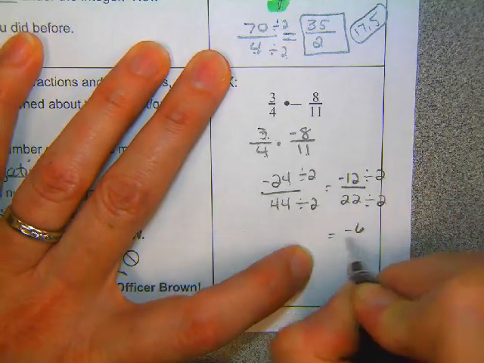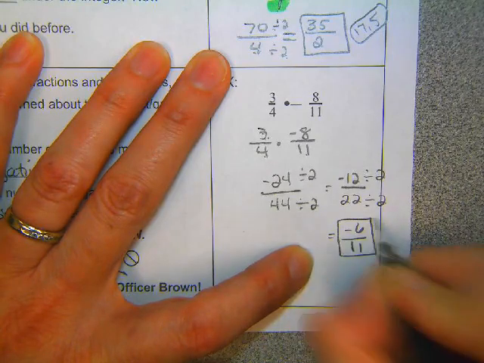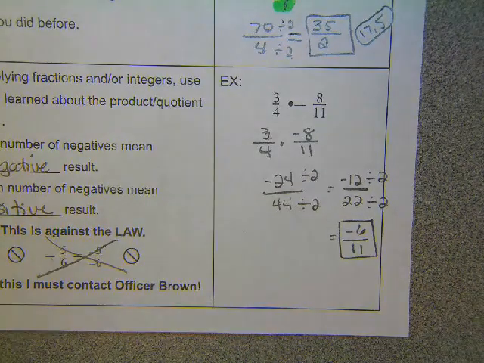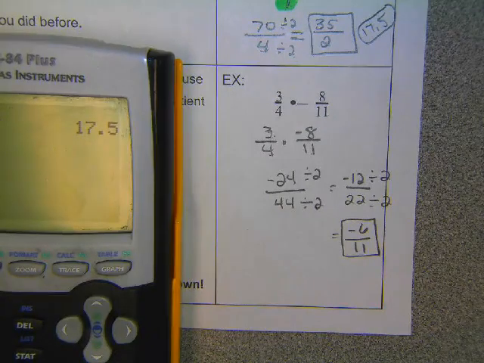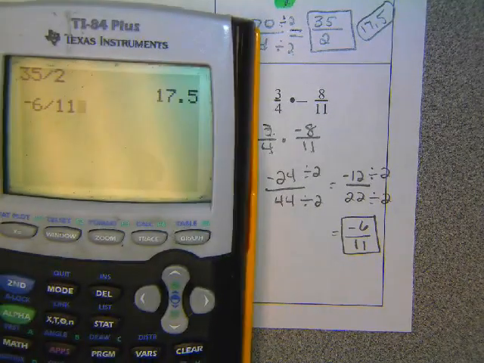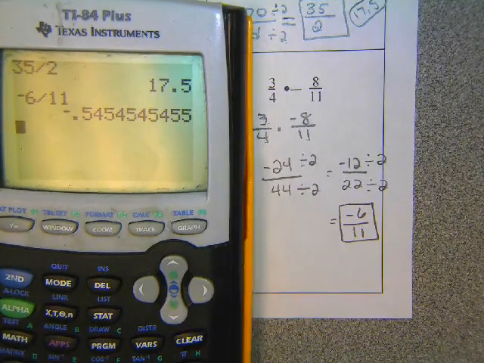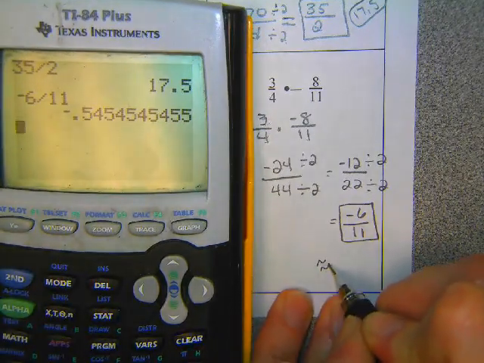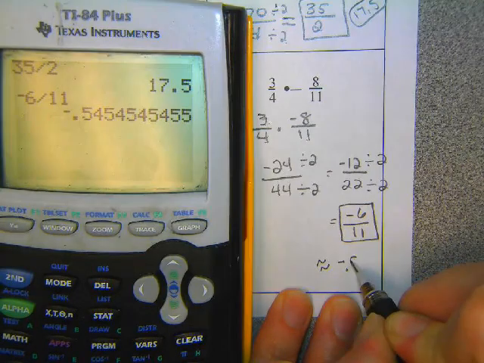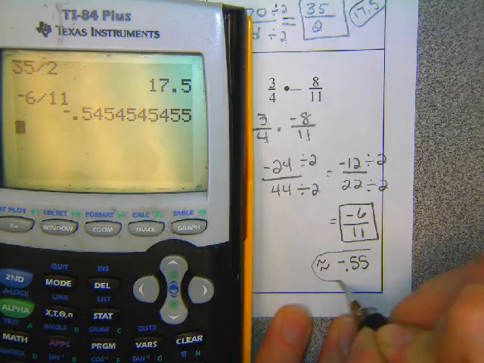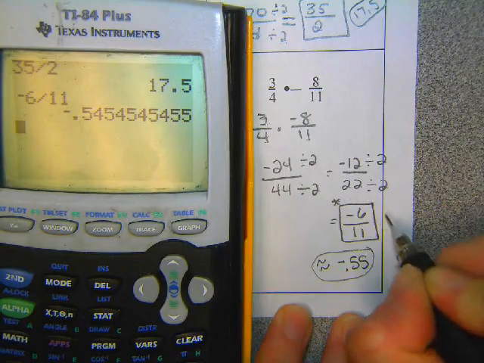That gives me -6 over 11. If it were an application problem of some sort, -6 divided by 11 gives us approximately -0.55. But this is my preferred answer.